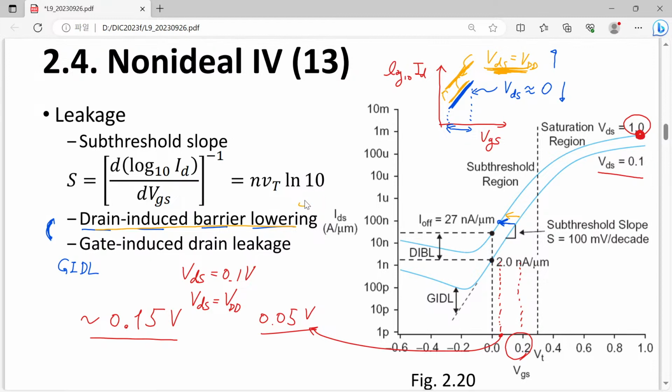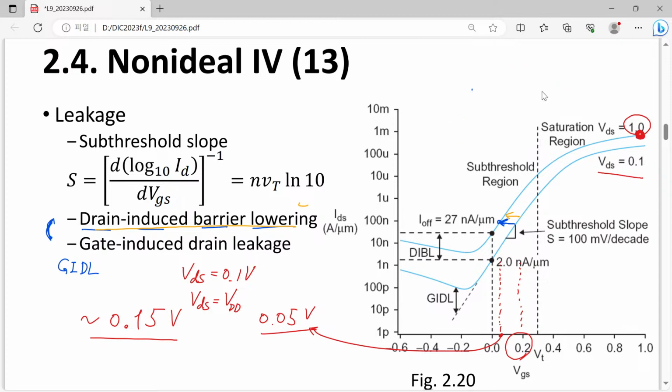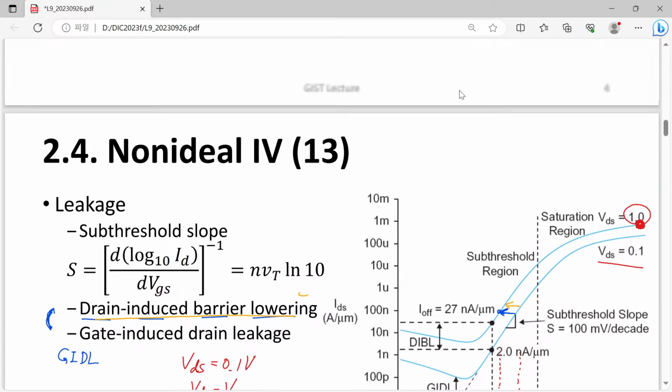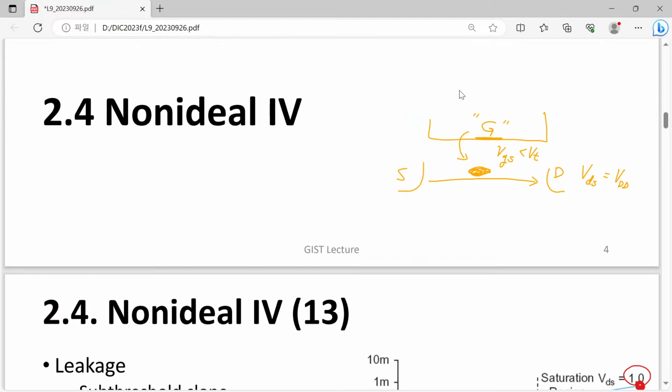Then think about this one. Which device will have lower DIBL and better DIBL characteristics? So I will just give you two representative devices. One device. They are from the same technology. Think about this device.